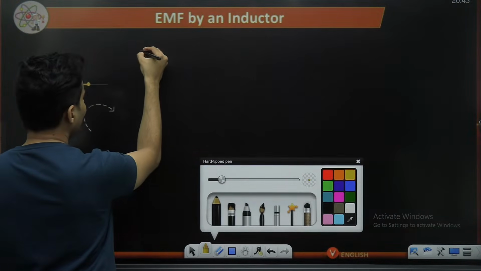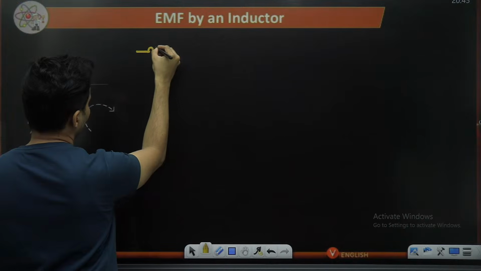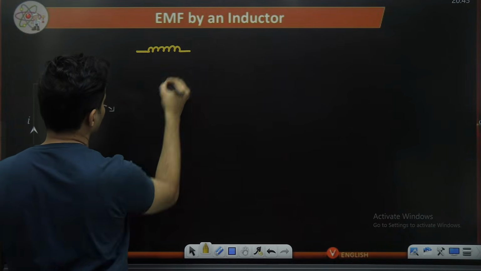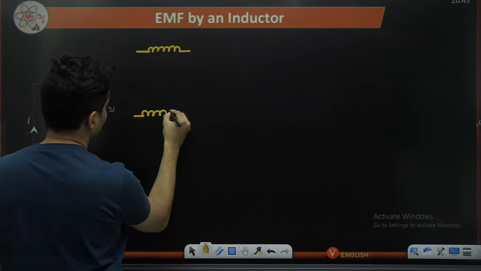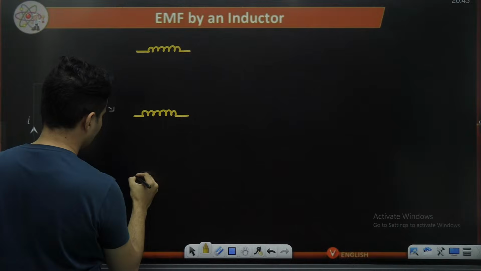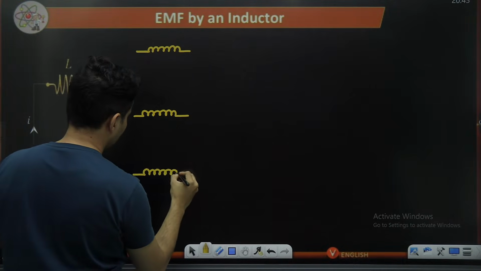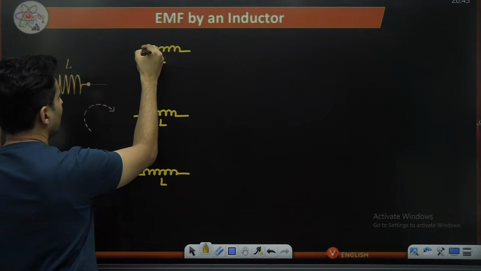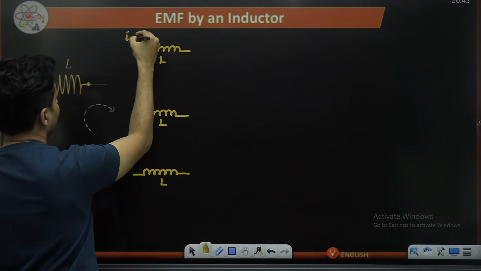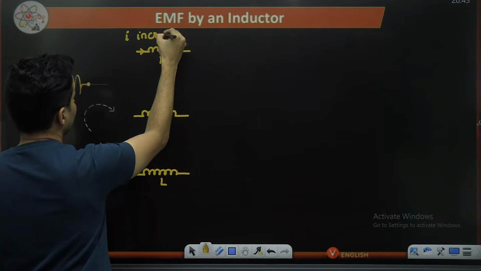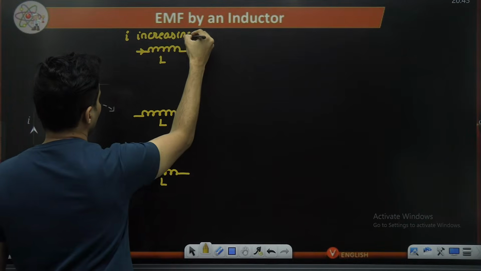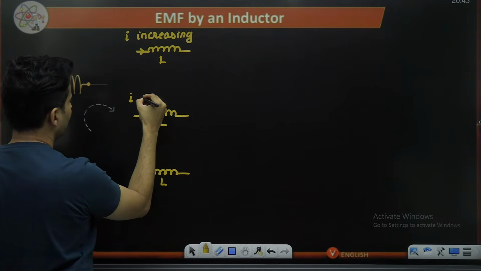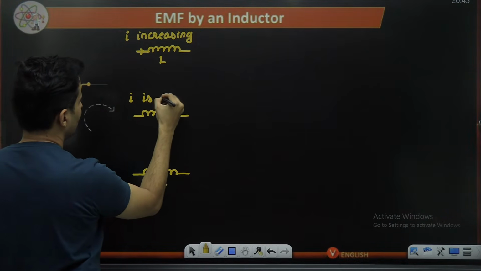Imagine we have an inductor like this. In the first case, the current is increasing. In the second case, the current is constant.